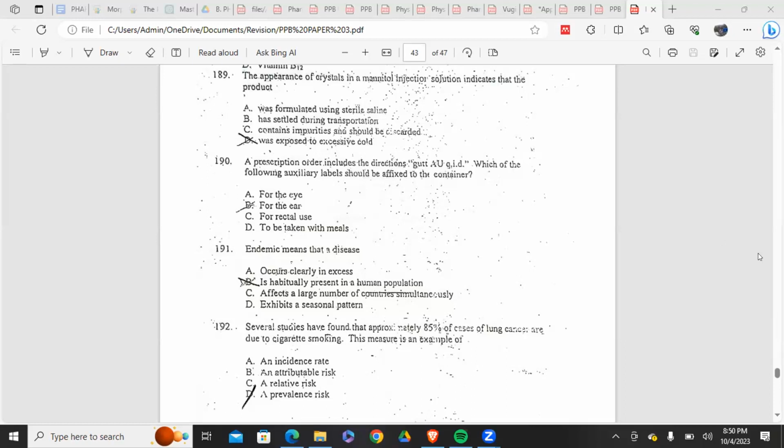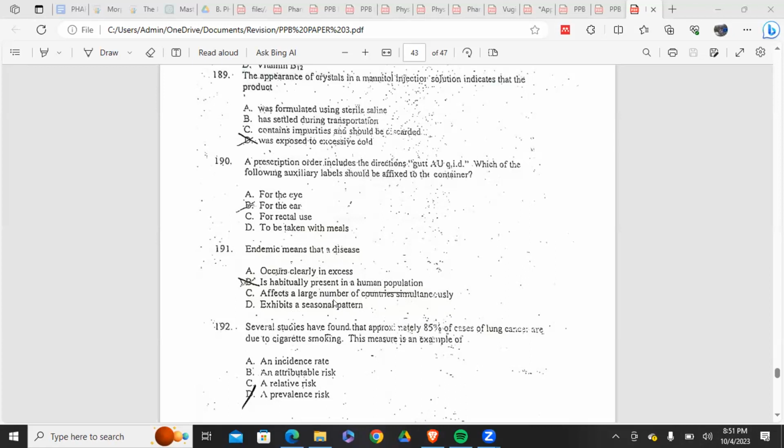Endemic means that a disease occurs clearly in excess, is habitually present in human population, affects a large number of countries simultaneously, exhibits a seasonal pattern. What's the difference? A large number of countries. Isn't that pandemic? See, is habitually present in human population. I think so.